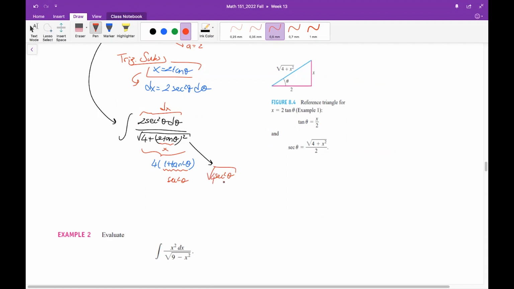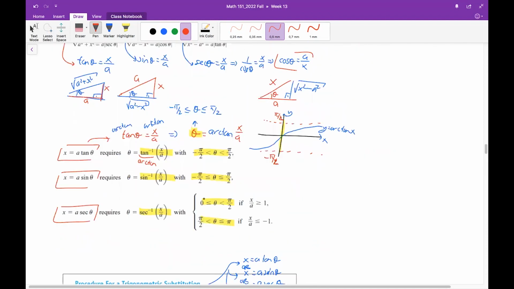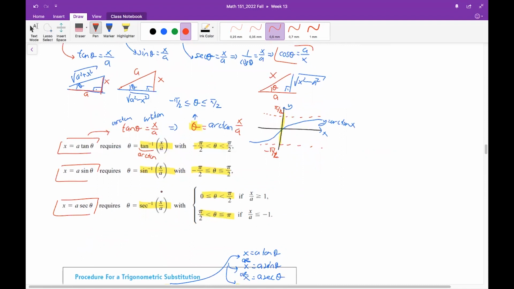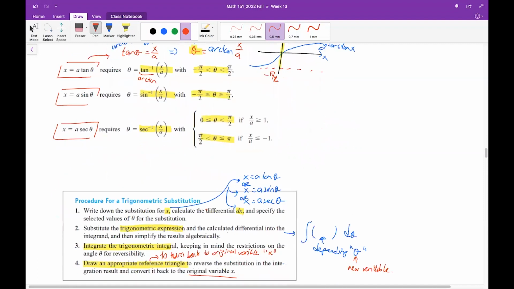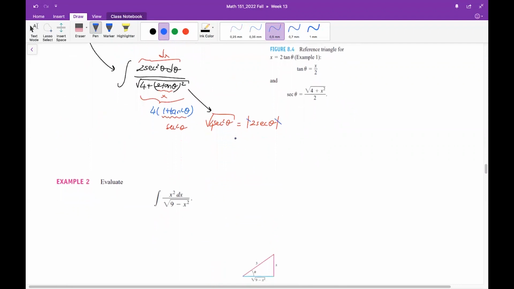Normally this is evaluated with an absolute sign, but because of those restrictions on theta that we assumed at the beginning to have a well-defined inverse trigonometric function, you can get rid of the absolute signs because secant will be positive there. So the result is 2 secant theta for the denominator.